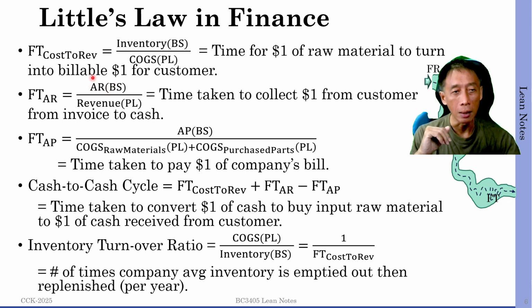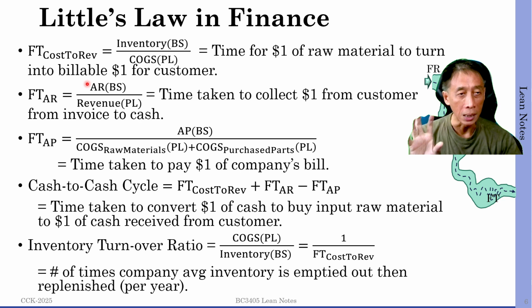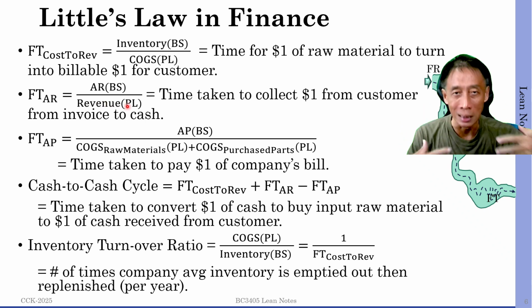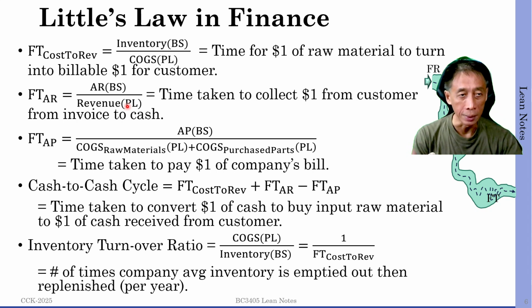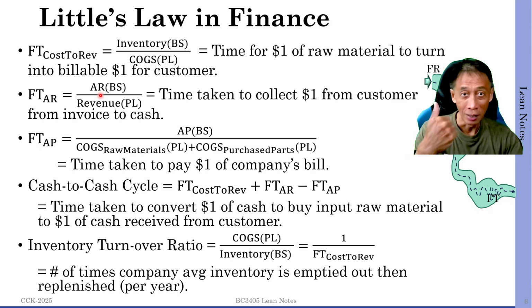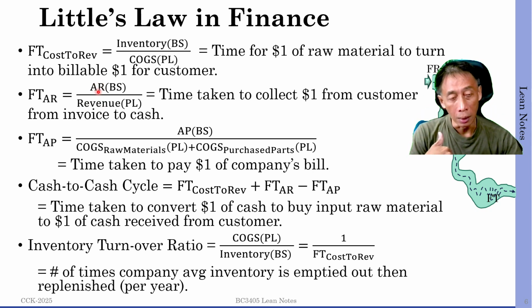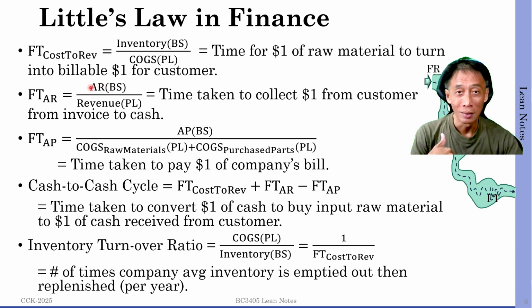But AR is just the lump sum of all the monies unpaid divided by the revenue. This you take from the P&L. Remember, across the whole year, how much money have we earned from our customers for the company? So that is a flow rate in, because money is coming into our company, right? And the amount of monies that are owed to us is the inventory.